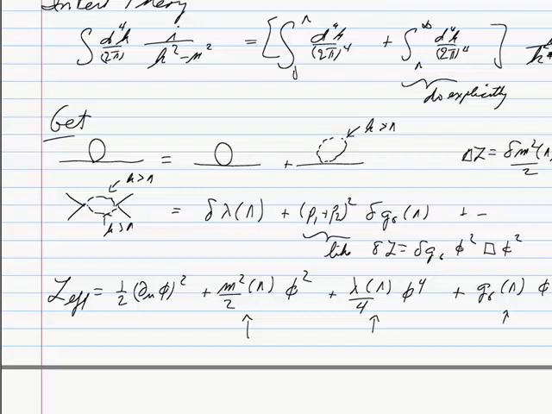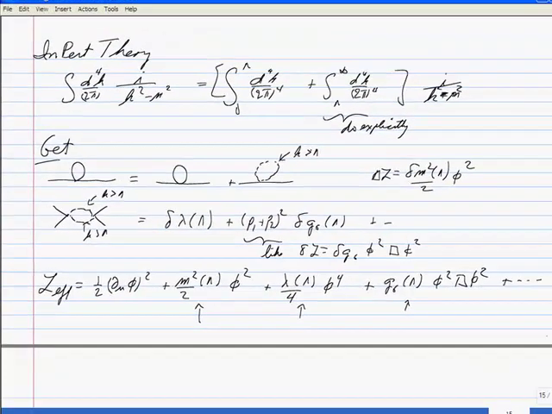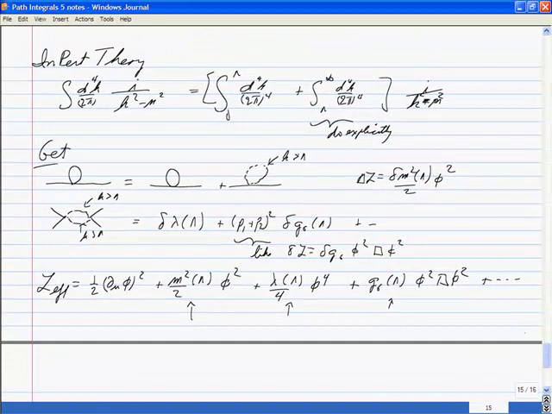It's up to now just looked like path integral stuff. It starts now to look like the renormalization group, because now I've got coupling constants that depend on the scale.